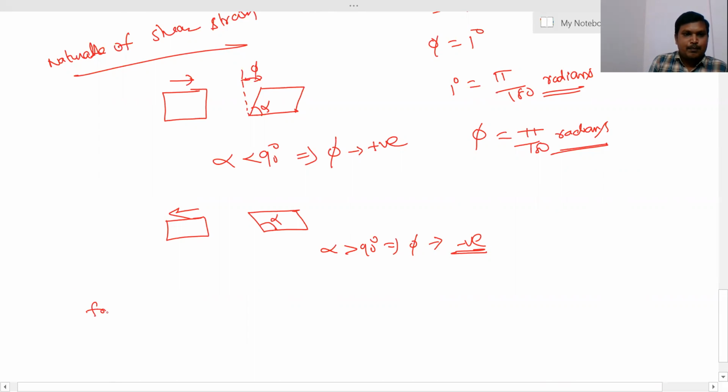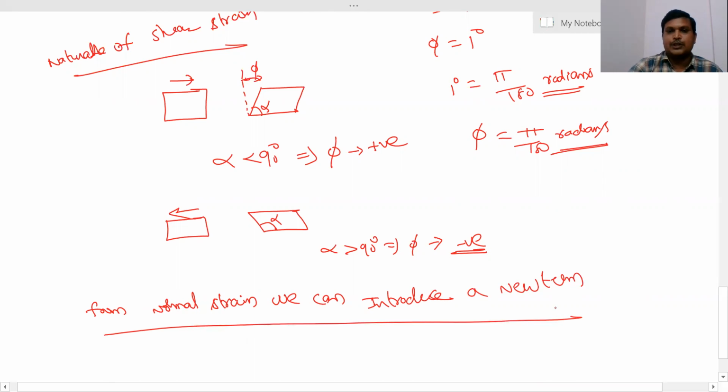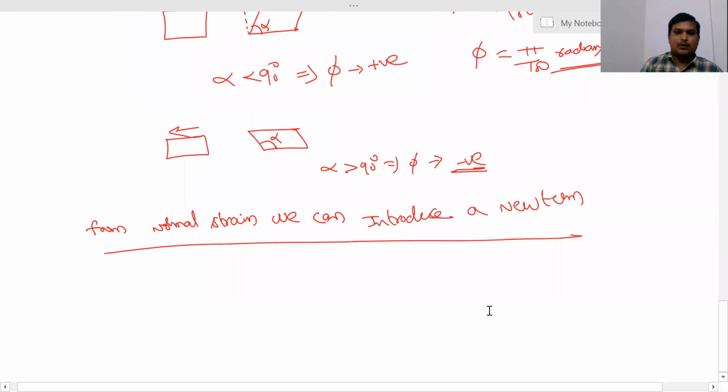From normal strain, we can introduce a new term. I'm talking about normal strain. This is a member like this, and I'm constrained here.